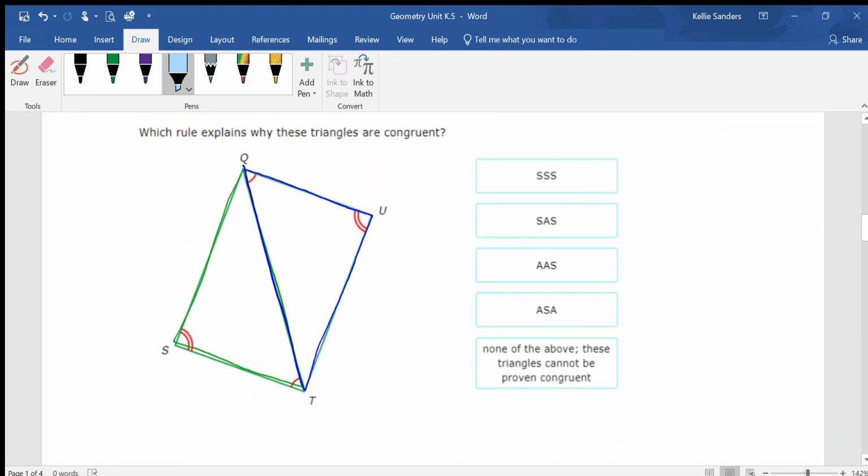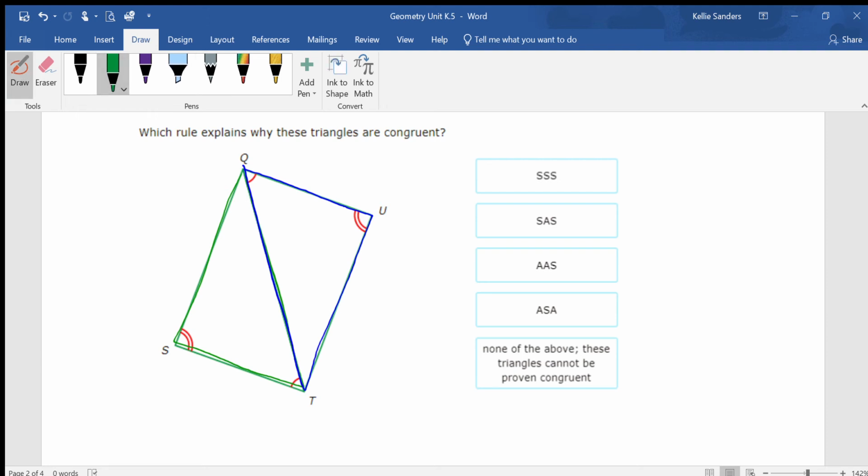Okay, and then explain which rules explain this. All right, I did green and blue.